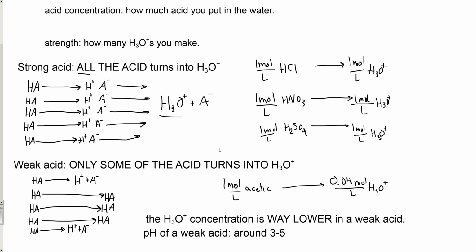The pH of a strong acid is around 1 to 2. So strength of acid is how much H3O you can make. Concentration of acid is how much acid is actually in your solution.